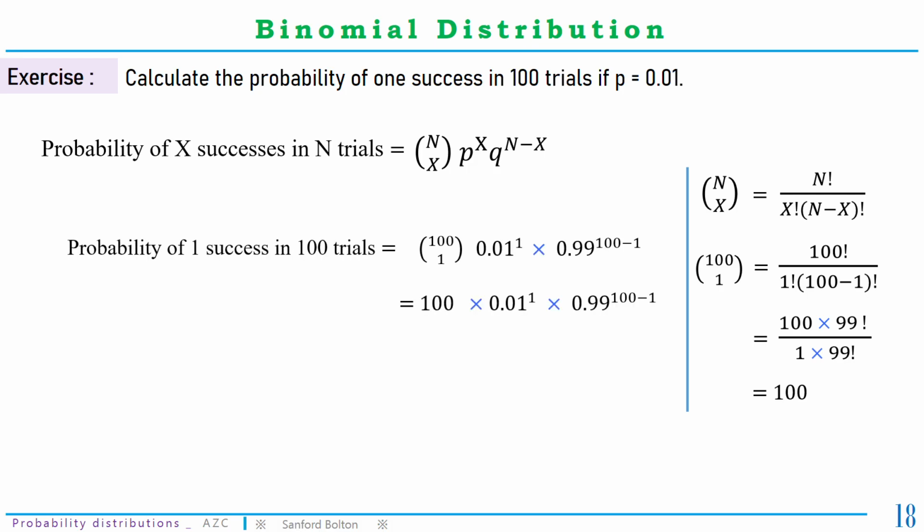Now, put all values in the main equation and solve the sum. The probability of 1 success in 100 trials obtained is 0.36973.